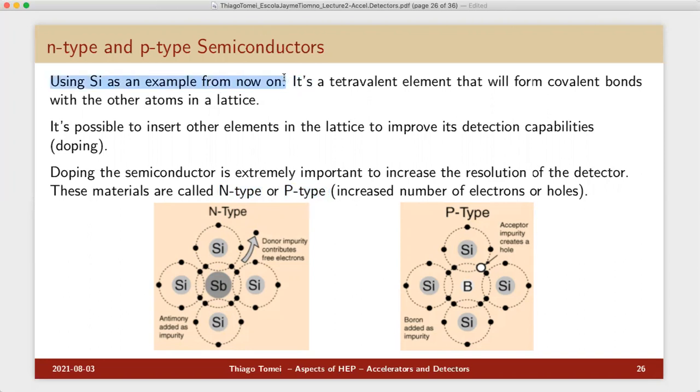I'm going to use just silicon from now on, okay? Of course, there's other stuff like germanium, but silicon is the thing we all use because again, silicon is already used in the industry. So you can dope the semiconductor, adding a material like antimony that contributes extra electrons, or you can dope it with, let's say, boron, and then it's missing an electron, and then you have an extra hole. And both of these help improve the conducting.